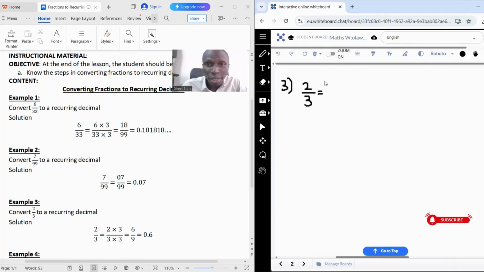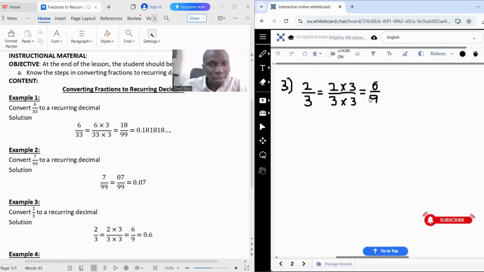I'm going to multiply the same number with the numerator. We're going to have this to be 2 times 3. I'm going to use the same number to multiply the denominator. So we're going to have this to be 3 times 3. 2 times 3, we're going to have this to be 6. 3 times 3, we're going to have this to be 9.